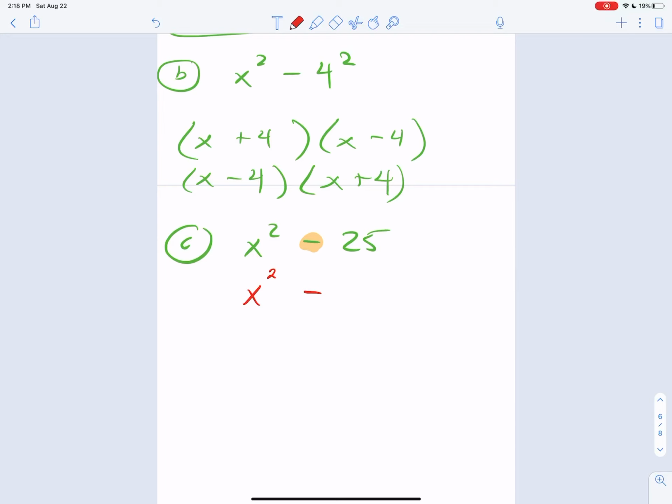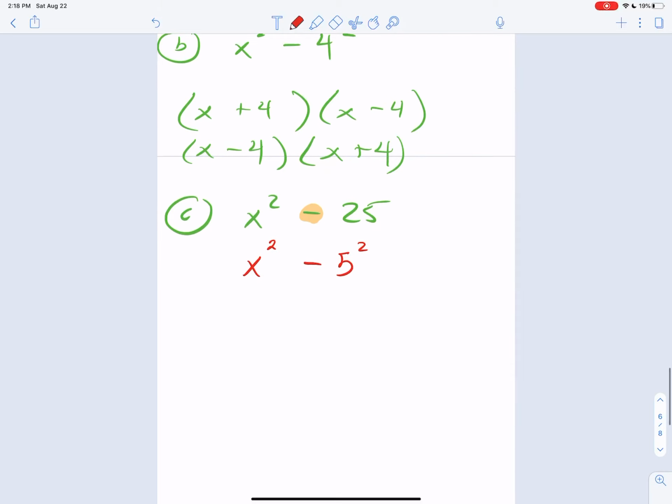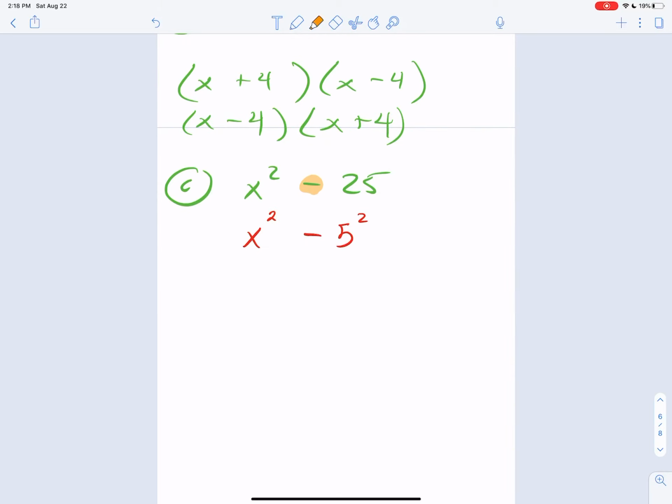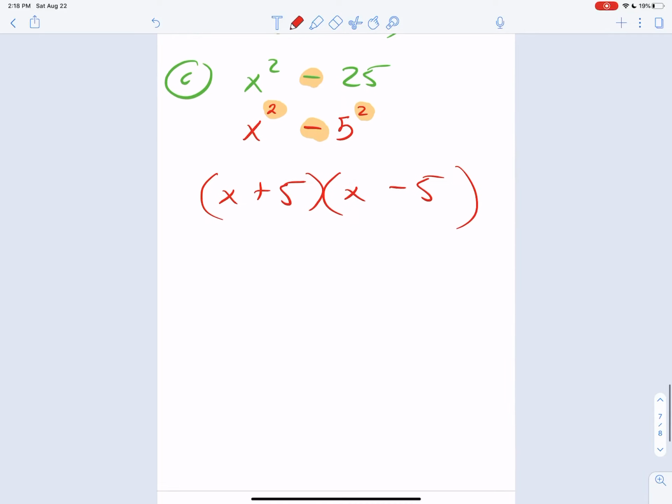Well, what squared gives me 25? 5 squared. So now do I have a difference of two squares? I have a difference of two squares. So I know I can factor it. Pause and play. It's going to be x plus 5, x minus 5. And that's it.